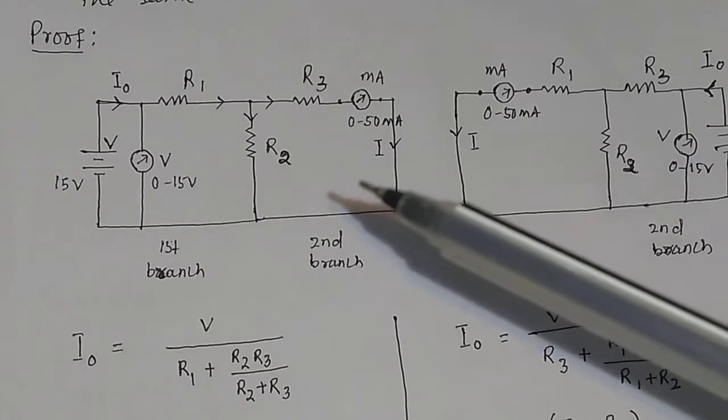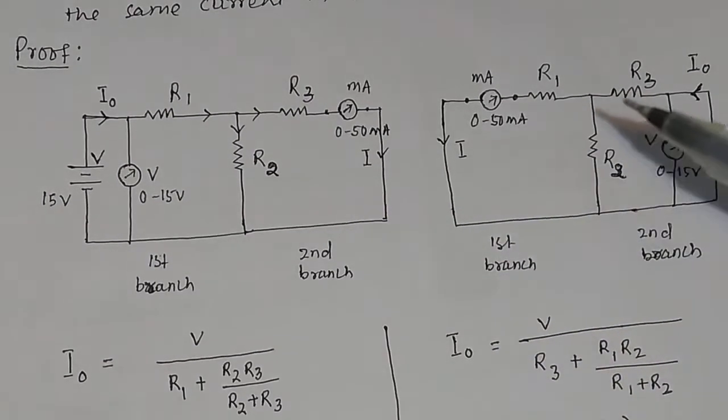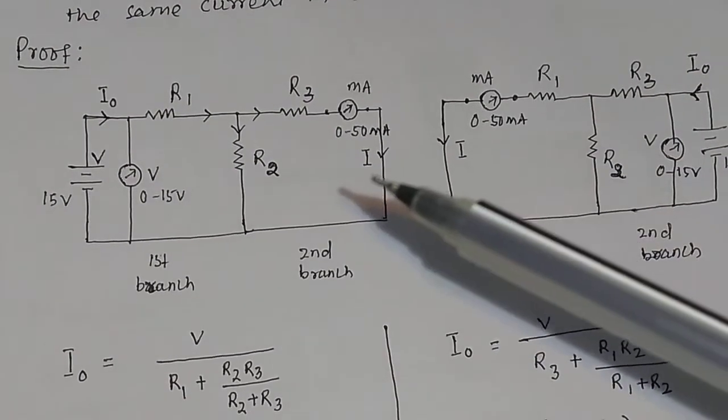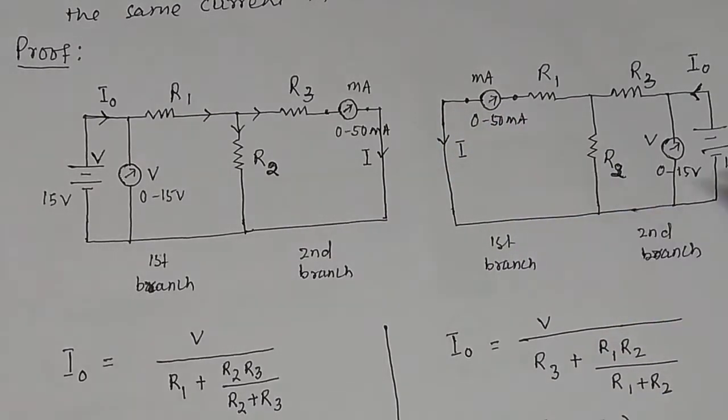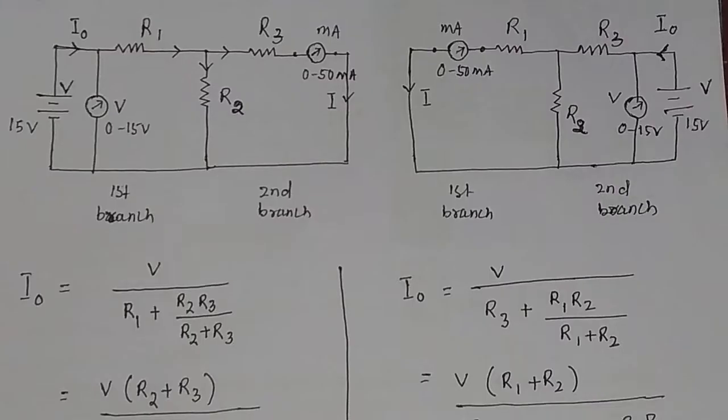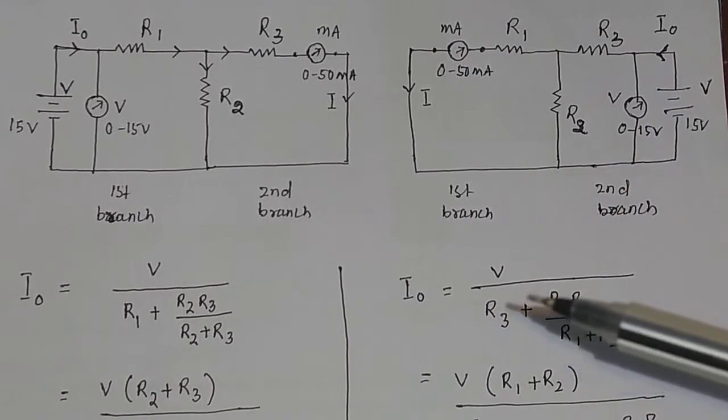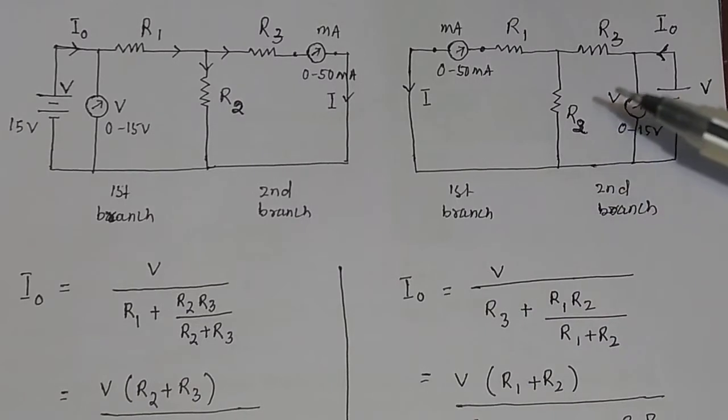And if you find the same current I through this first branch, then your theorem is proved. Now consider this figure. You have connected here the 15-volt source. Suppose the current due to this voltage source is I0. So I0 will be equal to voltage divided by the total resistance. Total resistance you can calculate.